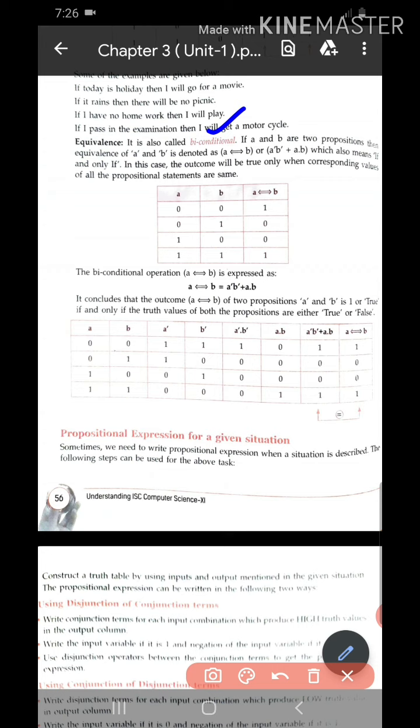See, this one is a double-sided arrow. The double-sided arrow has a formula that is A dash B dash plus AB. And if we want to write in a sentential form, then we have to write if and only if. If and only if this happened, then this.